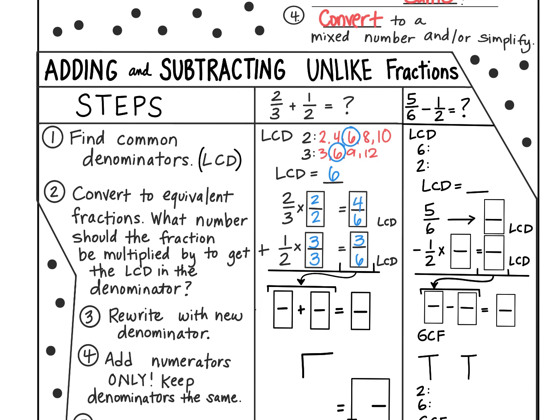Now I'm going to add these two new fractions together. I have 4/6 plus 3/6, which equals 7/6, because I want to add my numerators together. So 4 plus 3 gives me a new numerator of 7.